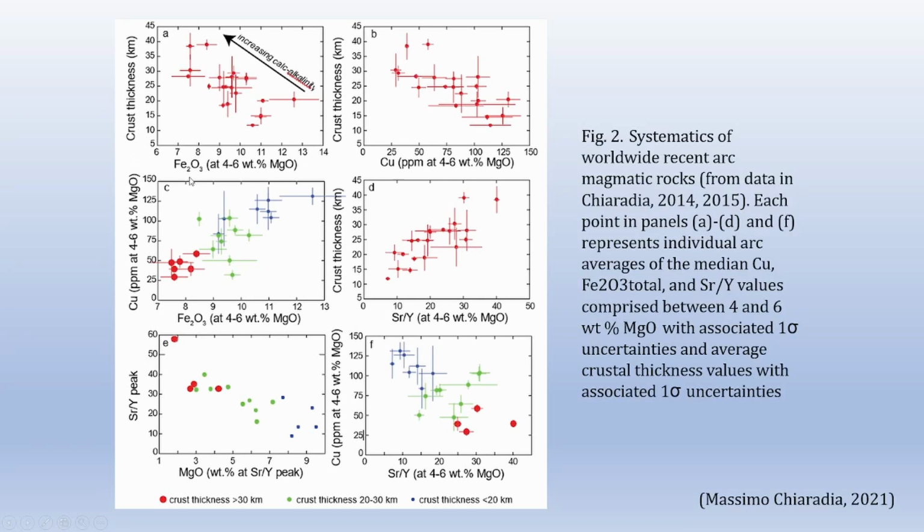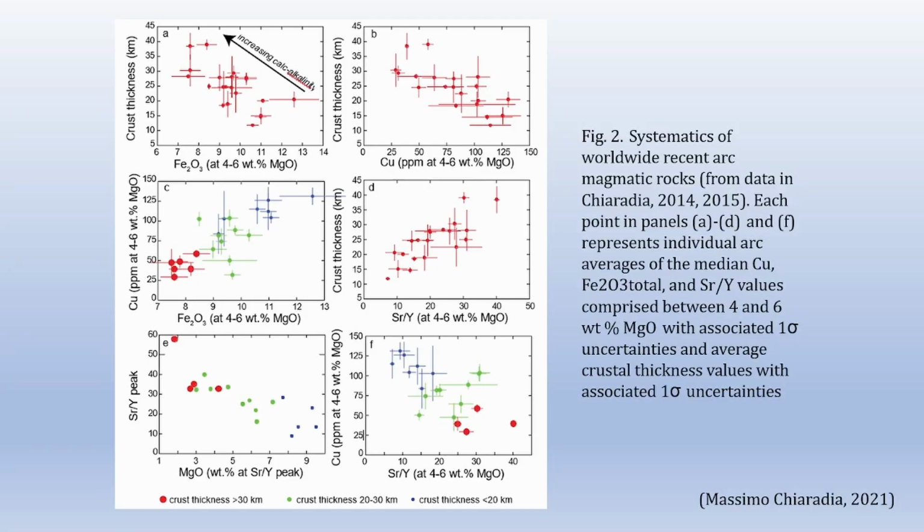We can see that in thicker crust, magmas evolve slowly under high pressure. That favors crystallization of magnetite and garnet, minerals that pull out iron and keep sulfides from saturating too early. So what's the result? We have higher Sr/Y ratios and volatile-rich magmas, which stick around long enough to build big deposits.